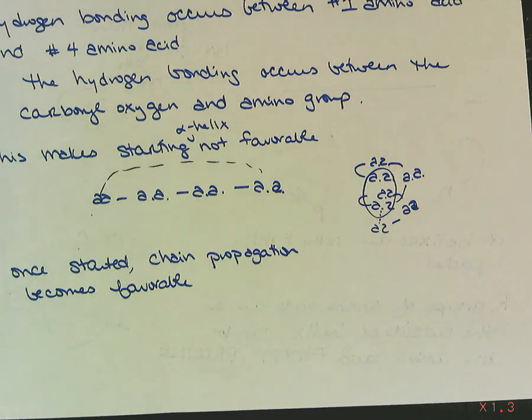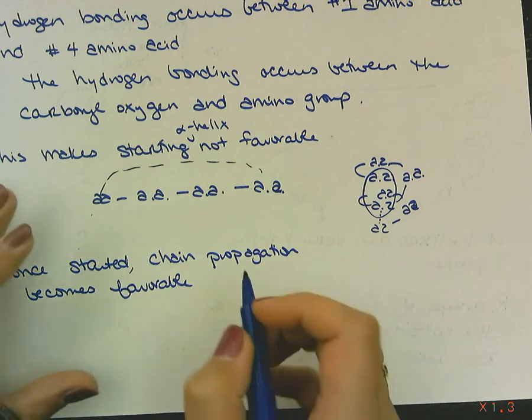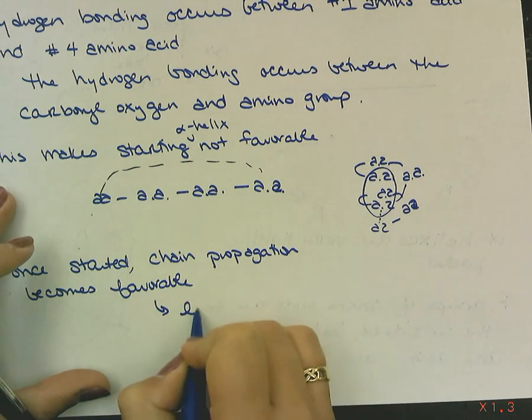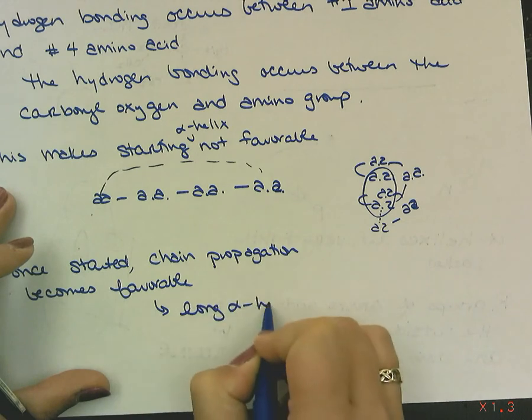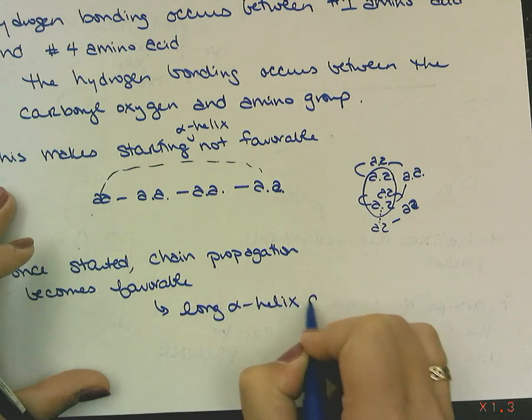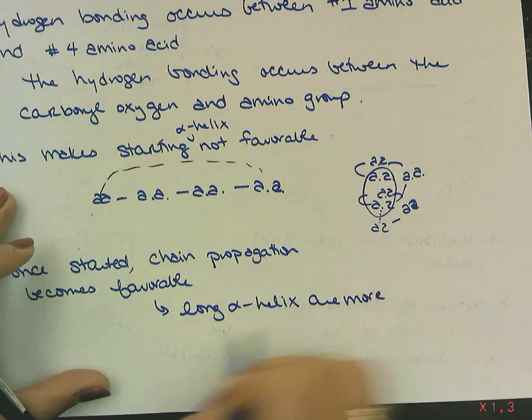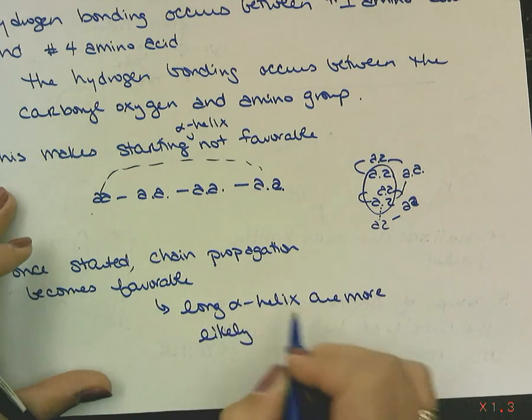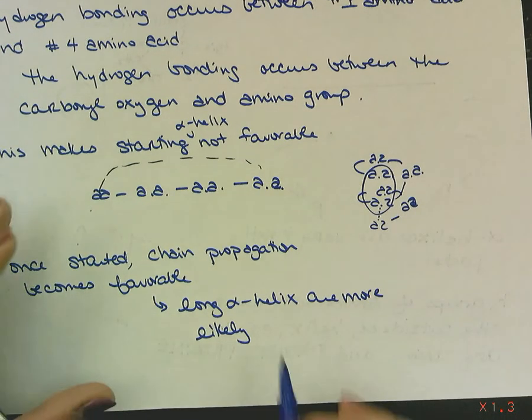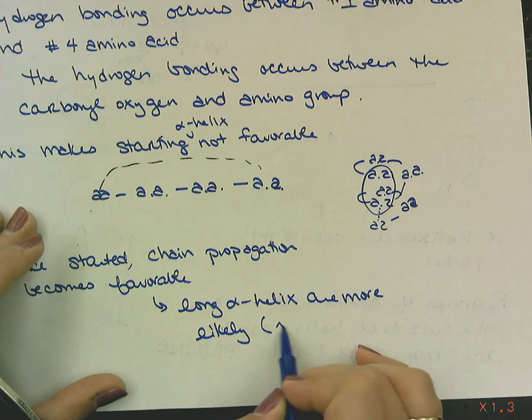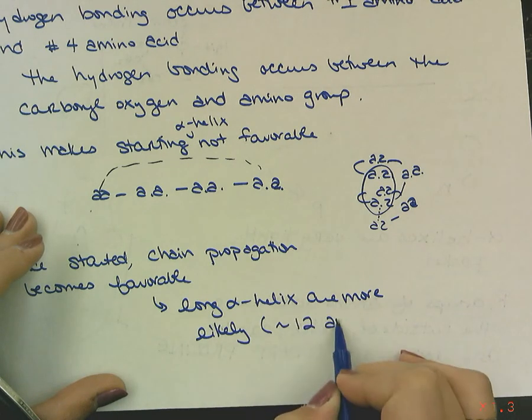So would a long chain alpha helix be more likely to exist or a short chain? Long chains are more likely to exist. And by long, they are typically about 12 amino acids long.